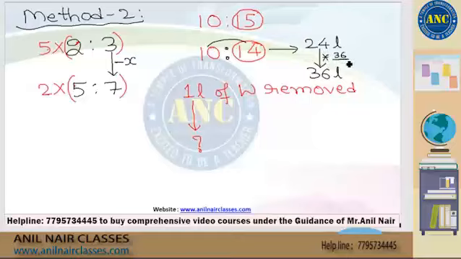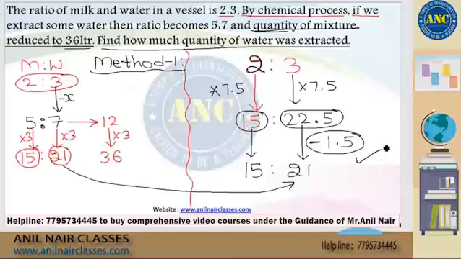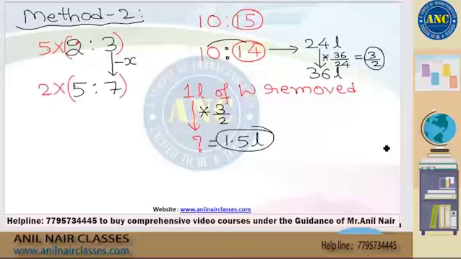Multiply 36 by 24, or multiply by 3 by 2, the same multiplying factor of 3 by 2. Use it here also. 1 into 3 by 2 is 3 by 2, or 1.5 liters of water is removed. The same answer of 1.5 is what I got in my method 1 also. You decide which is the best method for you.